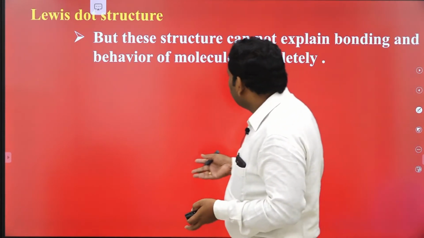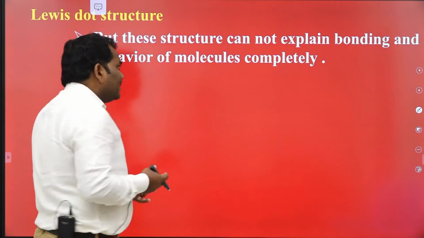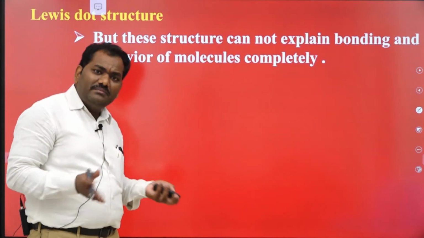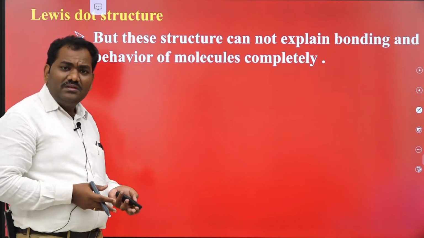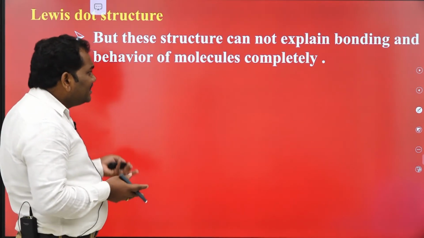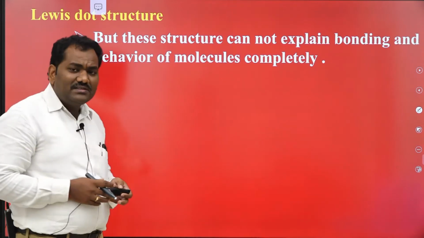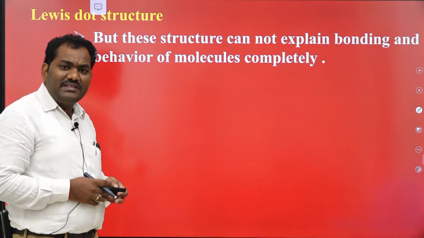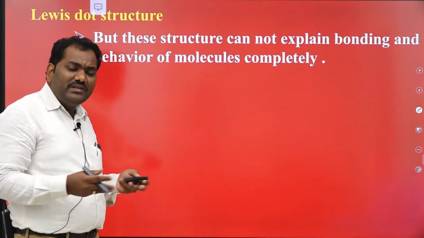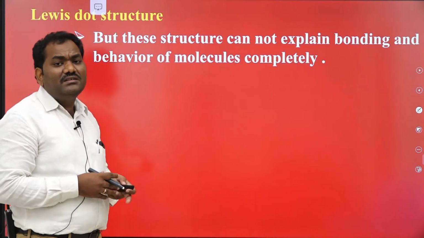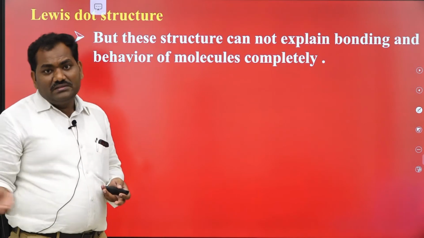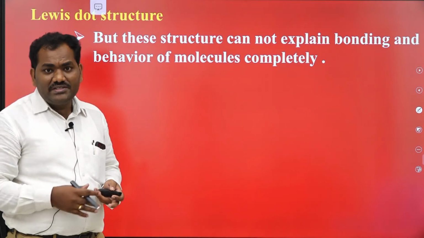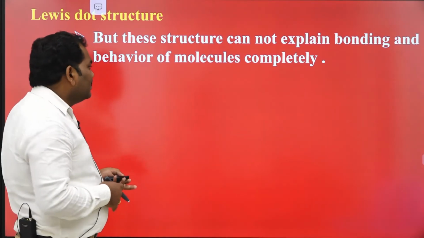It also cannot explain what type of bonding is present, whether covalent, ionic or coordinate covalent bond. And it cannot explain the shape of molecules, why certain molecules maintain a certain shape like linear or bent.